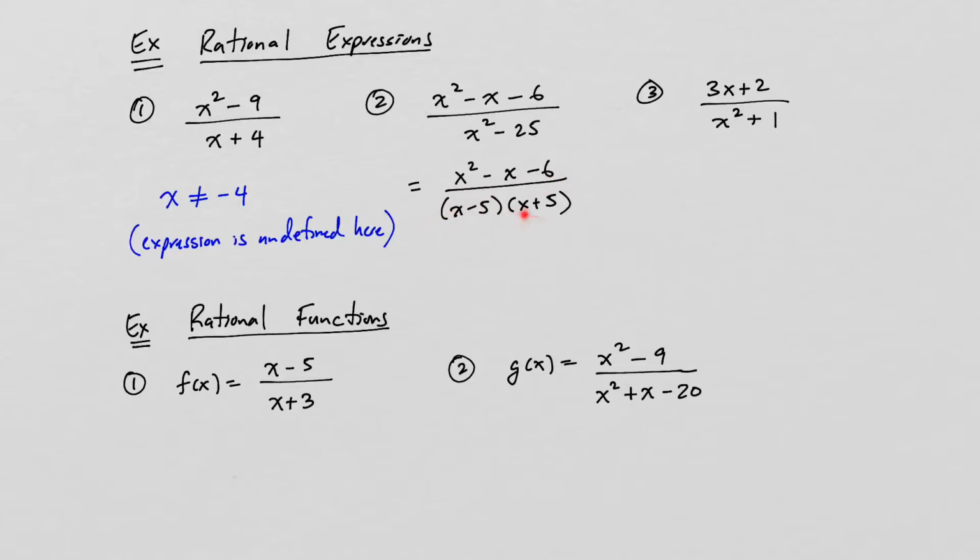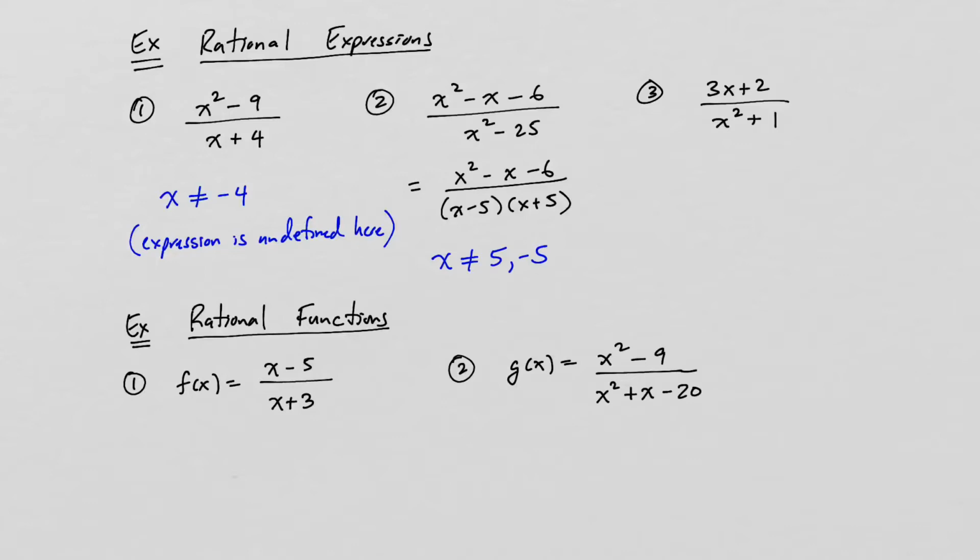But also x cannot be negative 5 because negative 5 plus 5 is 0 and that would also cause you to divide by 0. So this rational expression actually has two restricted values. So you can plug in any value of x as long as it is not 5 or negative 5.